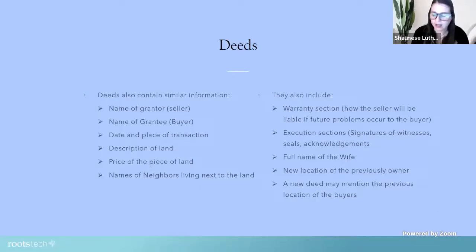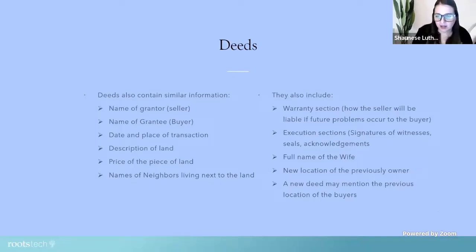I can't find James Long. I know he sold his land to his brother, Robert Long. But in that deed, it will state where James Long went. So he went to a whole other city. So it'll help you keep track of movement of pattern there too.